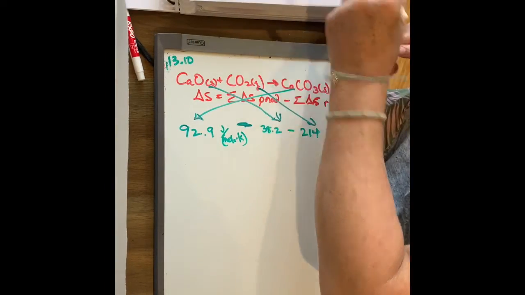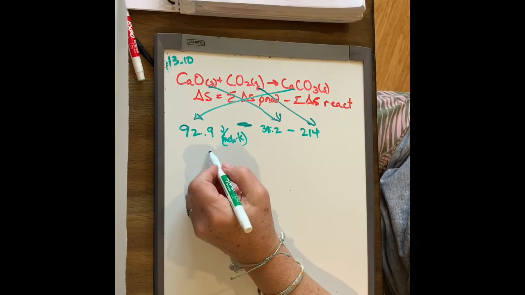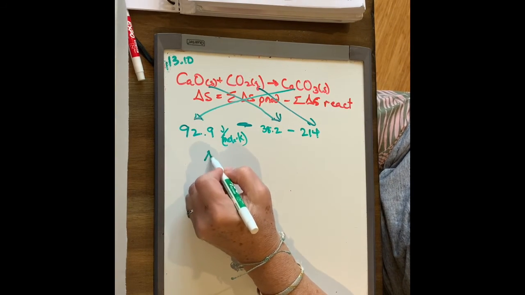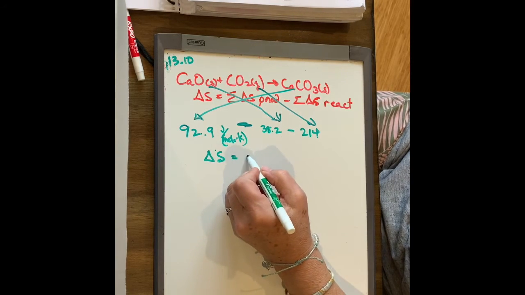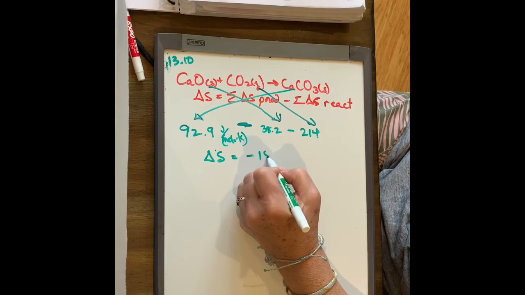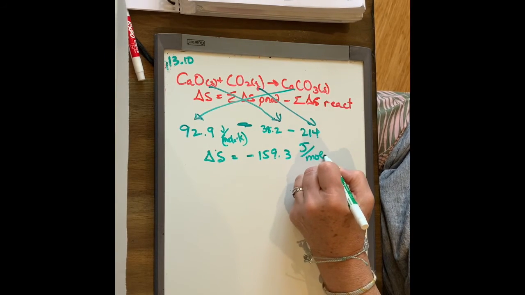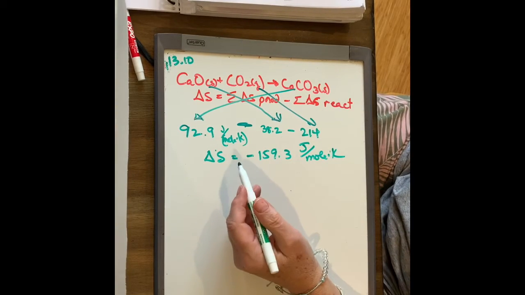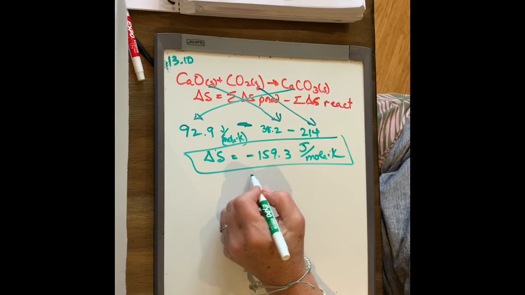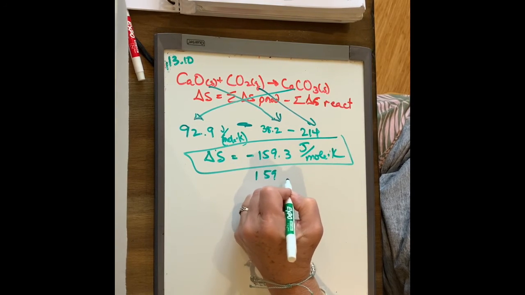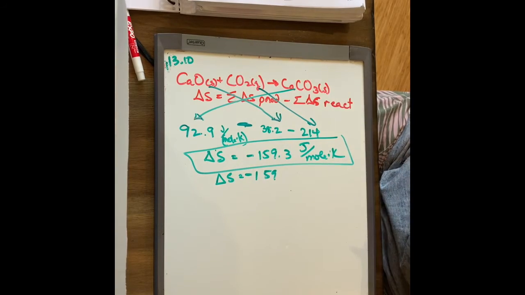Okay, so when we add those together and subtract them, we get the delta S is minus 159.3 joules over moles times Kelvin, and that's your answer. That's it. They said it's negative 159.